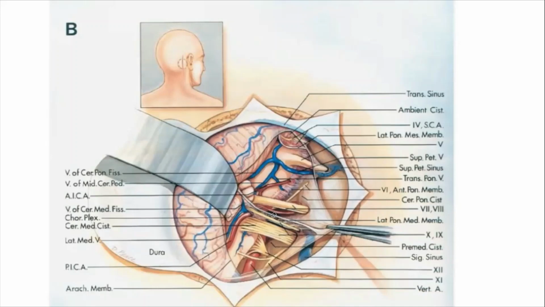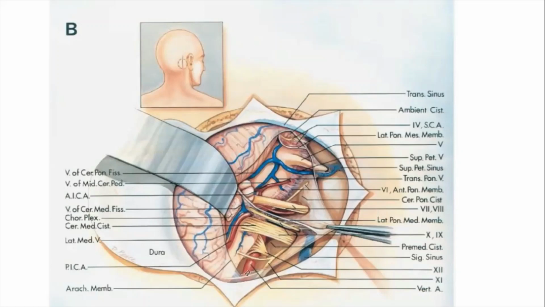This membrane, which separates the cerebellopontine cistern from the cerebellomedullary cistern, has an important relationship as it divides the two compartments. Also, the arterial structure which passes from below is the PICA, which perforates this structure and passes posteriorly.